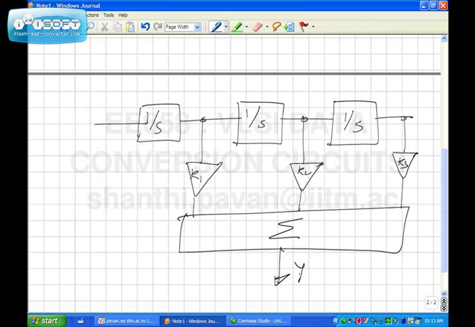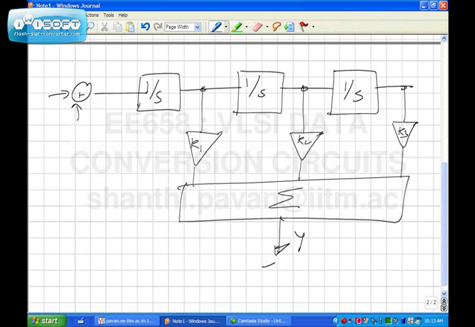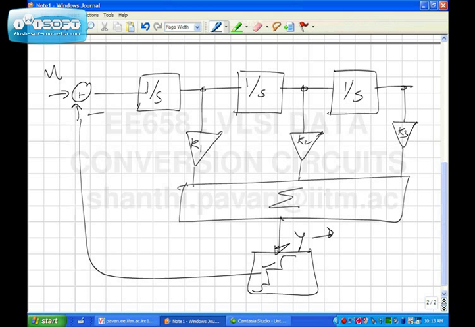This is y. So this is getting sampled and then quantized and then getting fed back here. This is u. So we know the amplitude of this is A plus a few LSB.